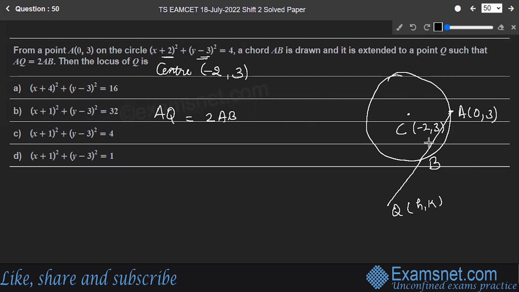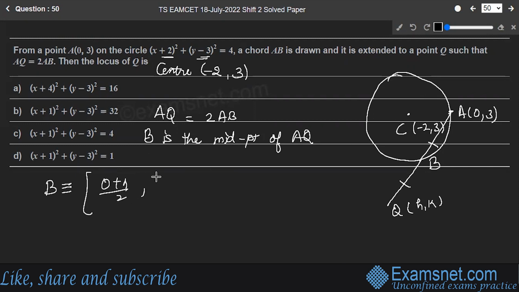That means B is the midpoint of AQ. Correct? So what are the coordinates of B? Applying the midpoint formula, you have (0 plus h) upon 2, (3 plus k) upon 2. That gives you coordinates of B as h by 2 and (k plus 3) upon 2.